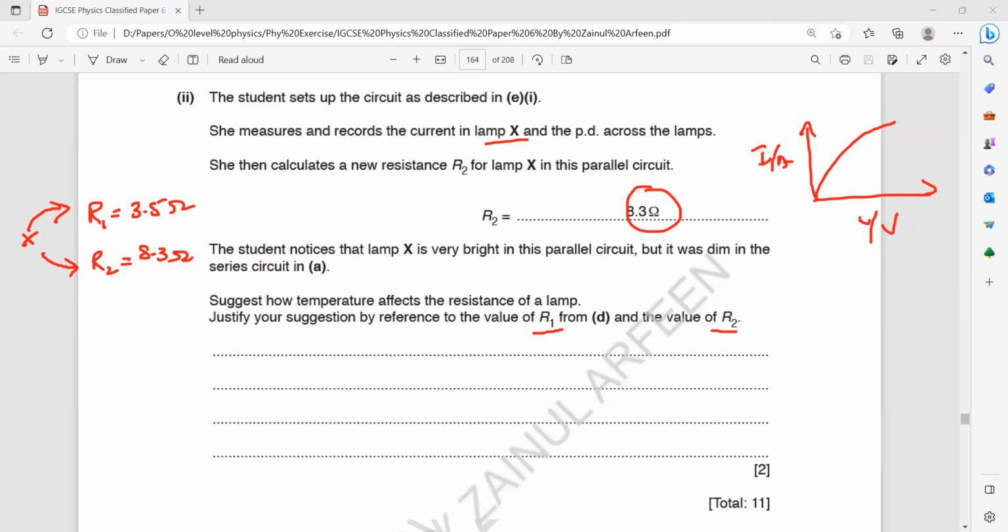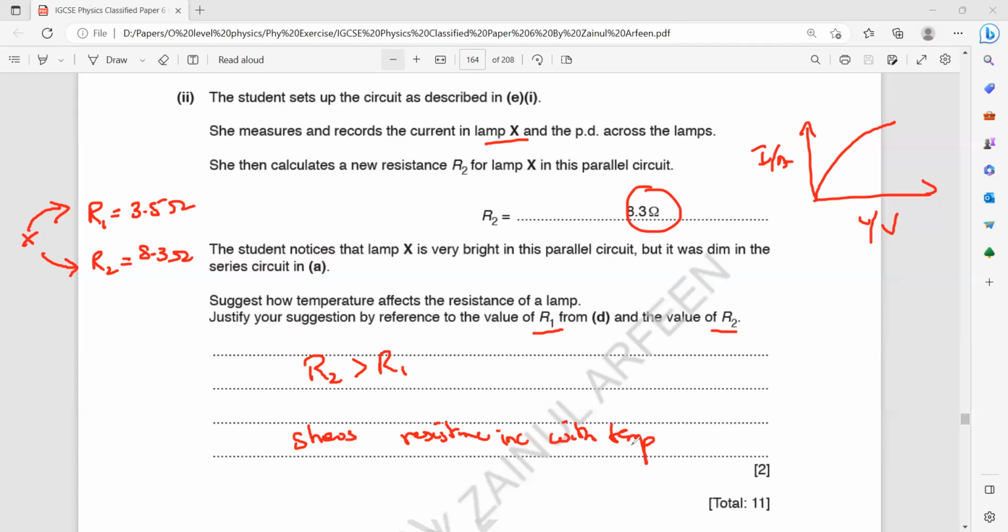So what we can say is, R2 is more than R1, it means the resistance has increased with temperature. So from this value we will say, as R2 is more than R1, it shows resistance increases with temperature.